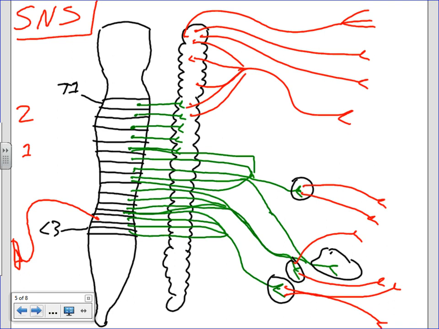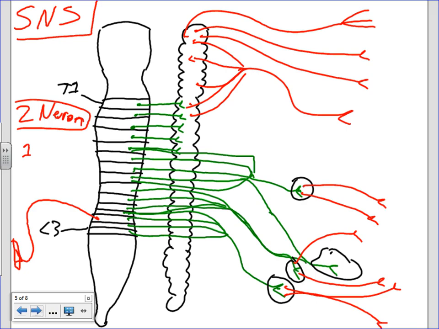With both the sympathetic and parasympathetic nervous systems, these work in two neuron circuits. So that's one big difference between the somatic and the autonomic nervous systems, that and also the neurotransmitters that are used.